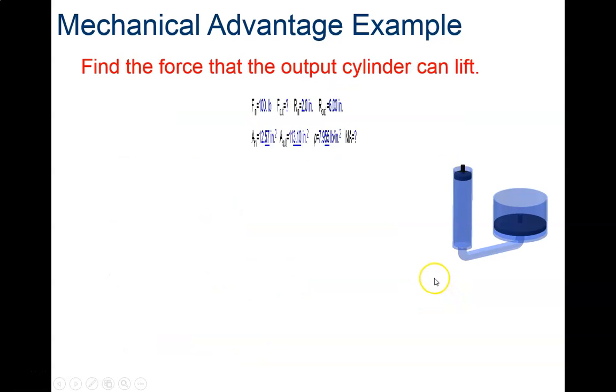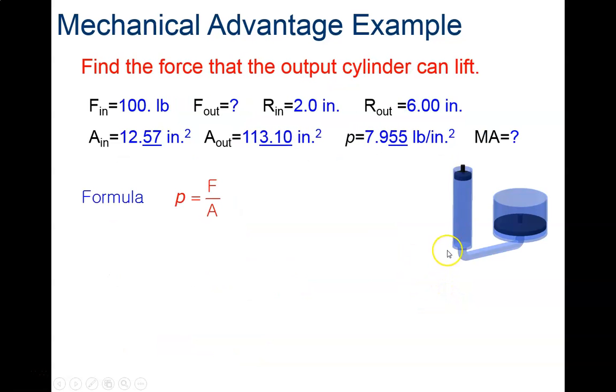Okay, so now we're going to figure out how much force is actually on this piston. So we know the pressure on the big piston is equal to the 7.955, so roughly 8, just like on the previous slide. They gave us an answer of 8.0. That equals the output force over the area of the output piston.